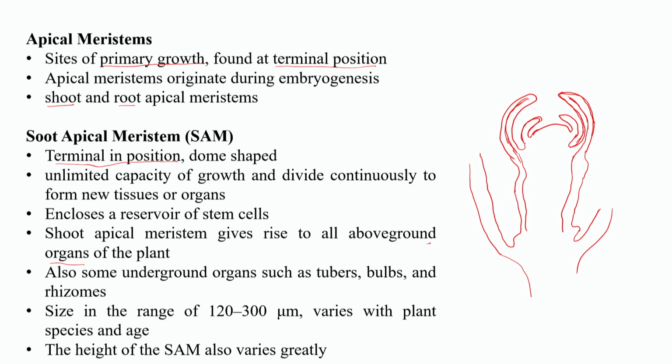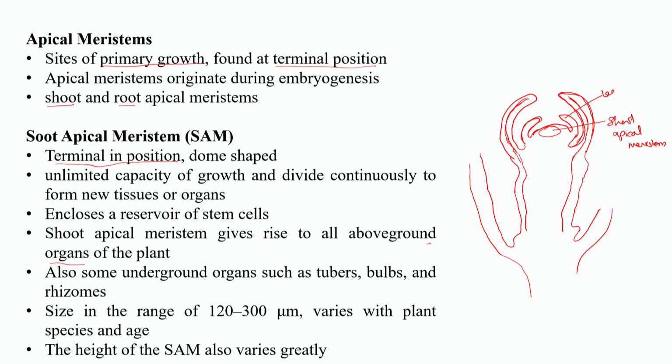So if we assume this is the structure of a growing shoot and this is the tip of the shoot, at this point you will have the shoot apical meristem. And you can see here that lateral appendages are also coming out.